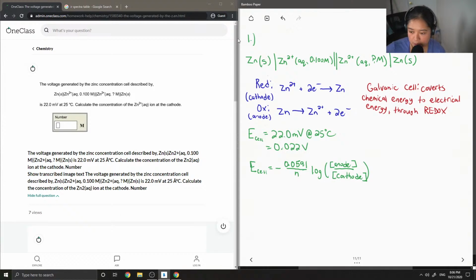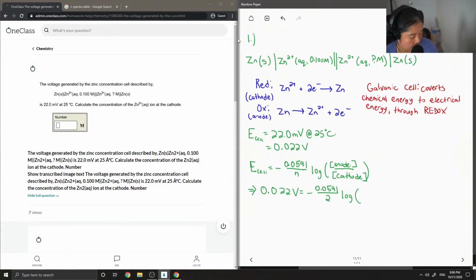Okay, so let's plug in all the values that we know. We know E cell is equal to 0.022 volts. We know the number of electrons in this reaction is 2. So I'm just going to put a 2.